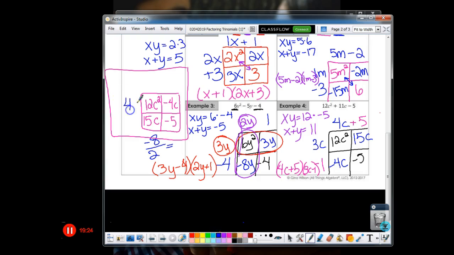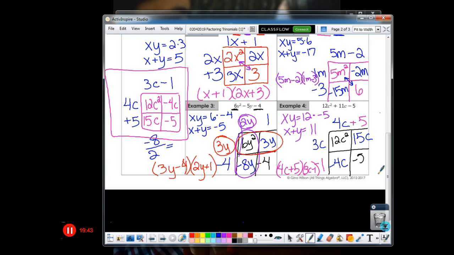Your 4c would be here, and your 3c would be up here, and this would be minus 1, and this would be plus 5. Okay? So it would either have to look like this one or like this one. Other than that, you can't switch the 4c and the 3c.